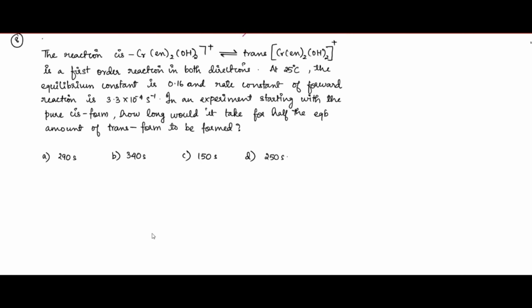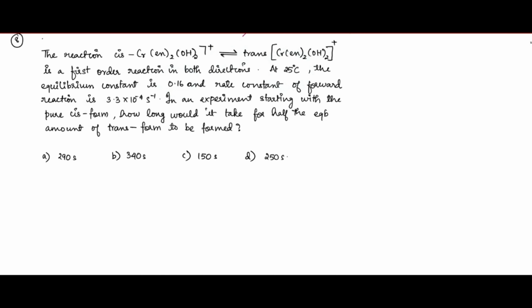Okay, so this question was recently asked. Question വായിക്കൂ, ശ്രദ്ധിച്ചു വായിക്കൂ. The reaction cis of some complex is reversibly becoming, this is reversible, okay, forward and backward, trans ആവുന്നുണ്ട് in a first order reaction, and at 25 degrees Celsius, the equilibrium constant is 0.16.